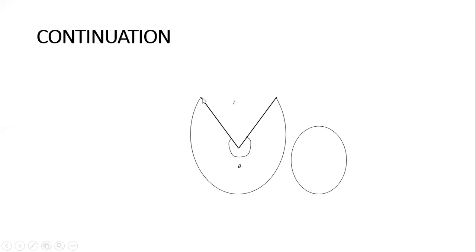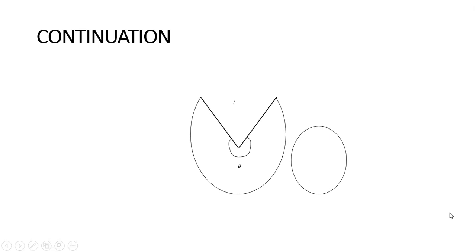Mind you, the length here is also the length of a sector. And there's a formula for that: the length of a sector is theta over 360 degrees times 2 pi r. But the r here will be the slant height. And this length is the same thing as the circumference of this circle.